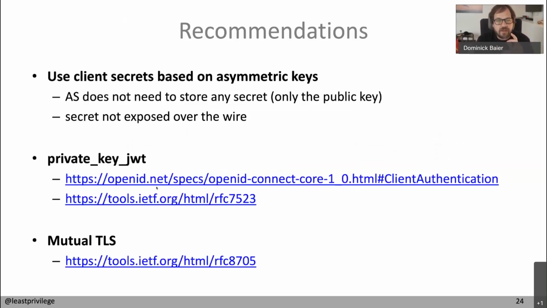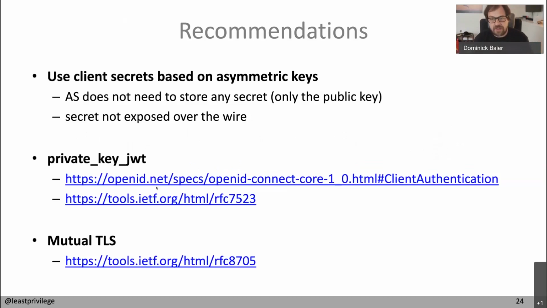Okay, so the idea is simple. Instead of having a shared secret or a symmetric key on both ends, the authorization server only has the public key. The client has the private key, which also means the authorization server does not have to store that secret in any special protection mode, right?